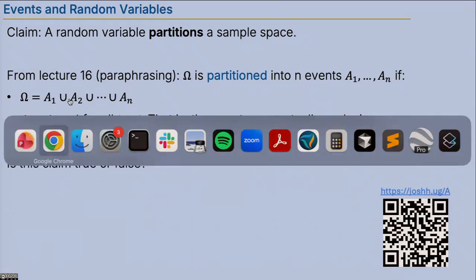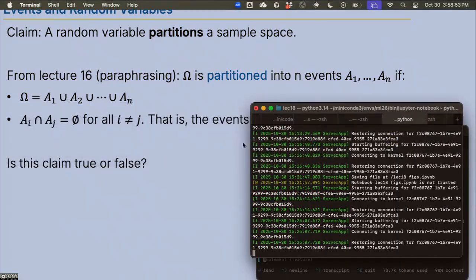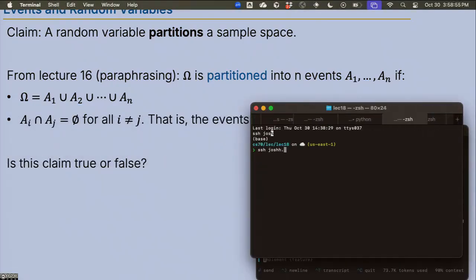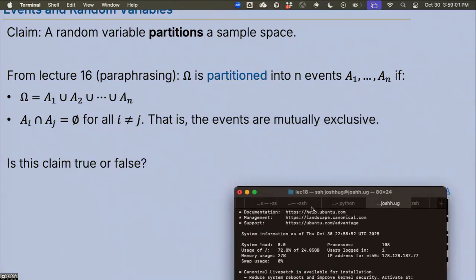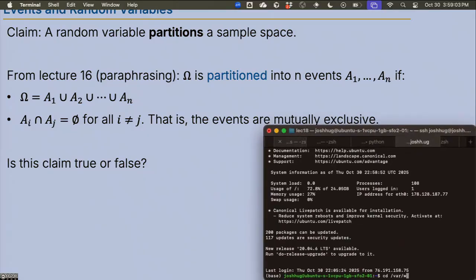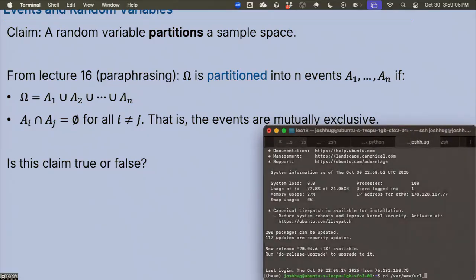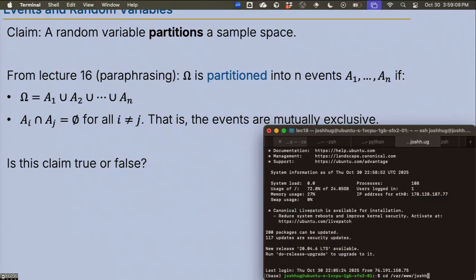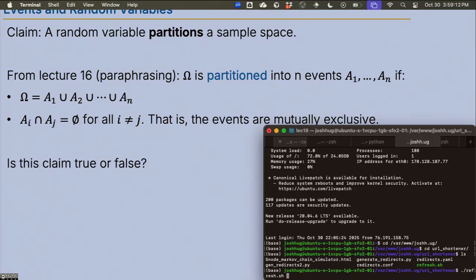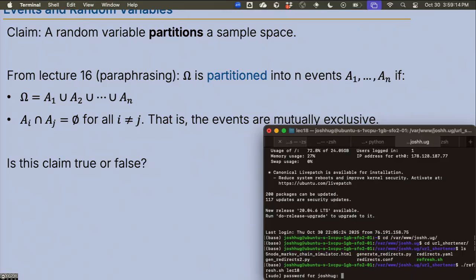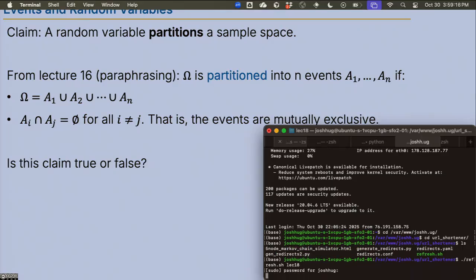Except it's the wrong thing. One sec. Here you go. I'll show you the secret magic. So you can't answer yet because it's the wrong question. Let's go to my URL shortener. Sometimes you have to build your own URL shortener because that's better. This is lecture 18. Okay, I think it should work now. Let's find out. Oh, except you can't see it anymore.